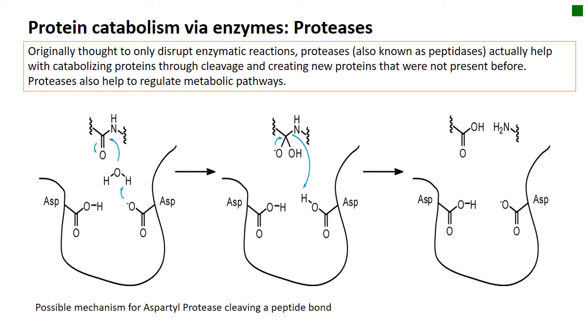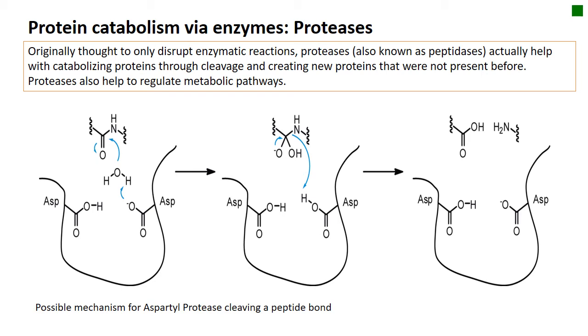Proteases can be found in the animal and human digestive tract. These proteases break down protein into amino acids. Originally thought to only disrupt enzymatic reactions, proteases, also known as peptidases, actually help by catabolizing proteins through cleavage and creating new proteins that were not present before.